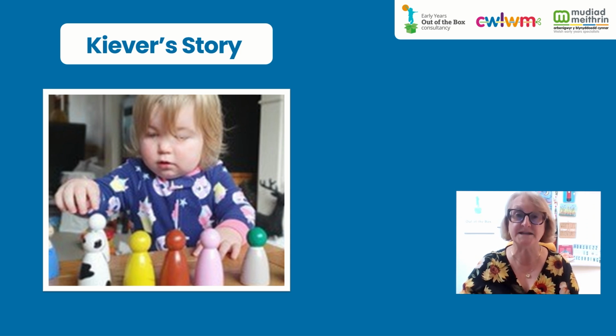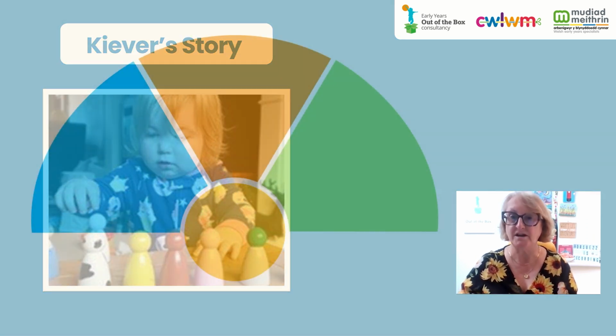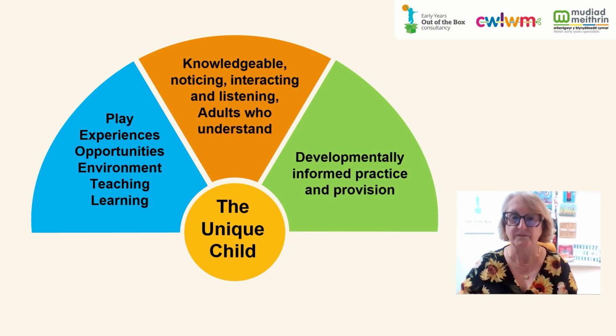Because, as always, we end with this diagram. The key part here is developmentally informed practice and provision, because of what you've noticed, what you've heard, and the knowledge that you and the child bring. We've looked at stuff, I've talked to you about things.